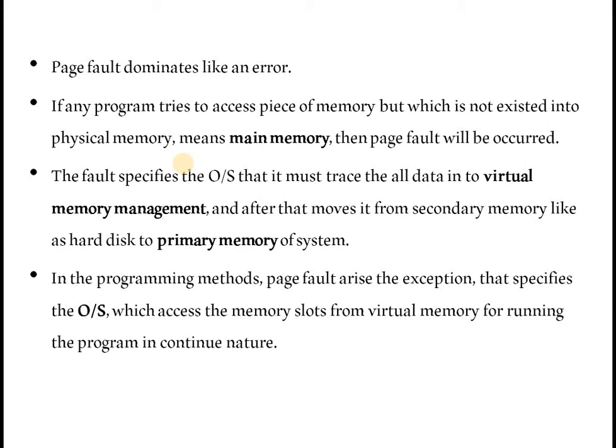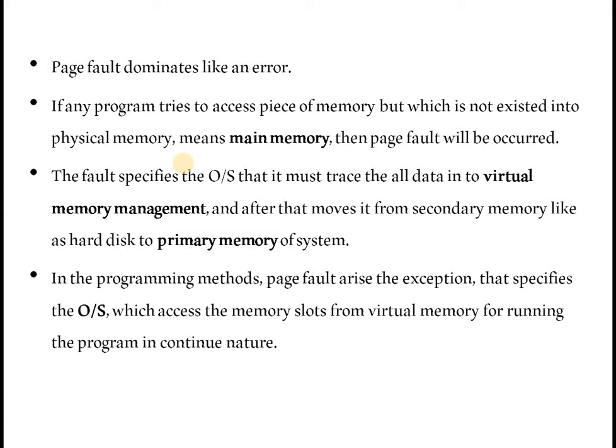It means when a process is executing with only a few pages in memory, and an instruction is encountered which refers to any instructions or data in some other pages outside the main memory, then a page fault occurs. In short, if a program tries to access a piece of memory which does not exist in the physical memory, meaning the main memory, then a page fault will occur.